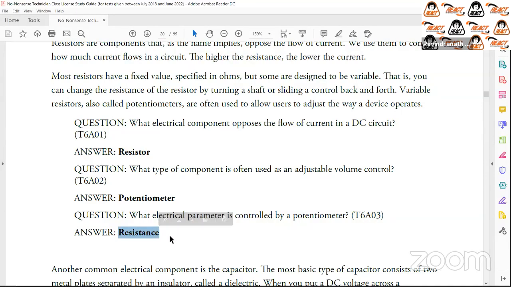Again, in the question pool, they will tell you all sorts of things that will control frequency and all sorts of other things, but you know that a potentiometer is a variable resistor and it controls resistance.